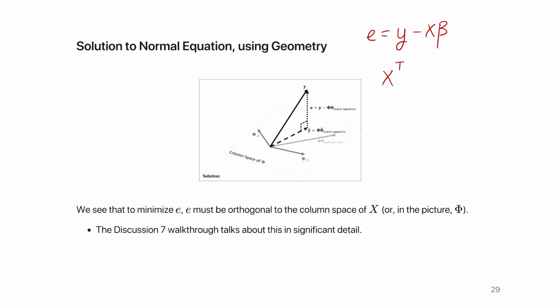Okay, and so writing out that relationship, you get x transpose times y minus x beta should be 0, right? Because if two vectors are orthogonal, their dot product should be 0, and A transpose B is just the standard dot product of two vectors A, B. Well, that generalizes to matrices as well, and you see that this multiplication should be 0, and you solve and you'll get your fancy x transpose x inverse, x transpose y. Okay, but again, this will be in the discussion solutions and walkthrough video, so we won't talk too much about it here. But any questions?